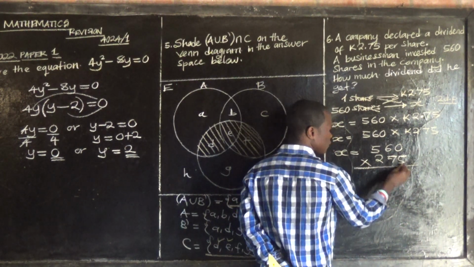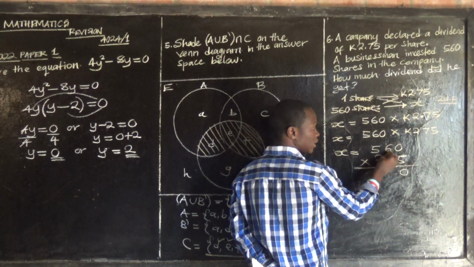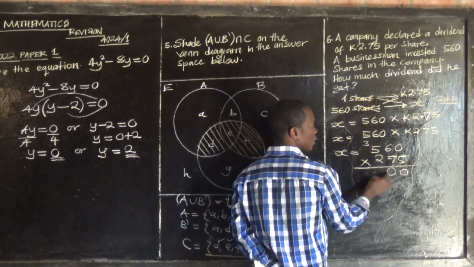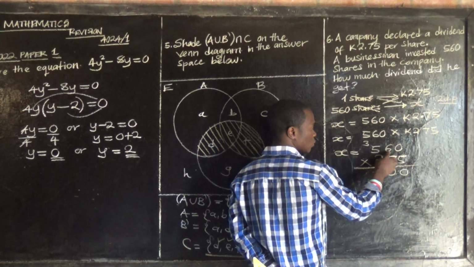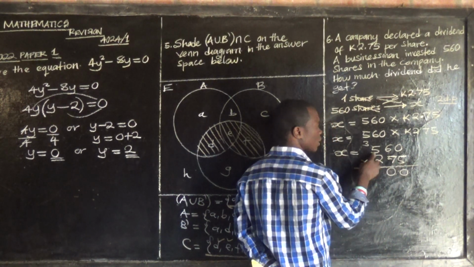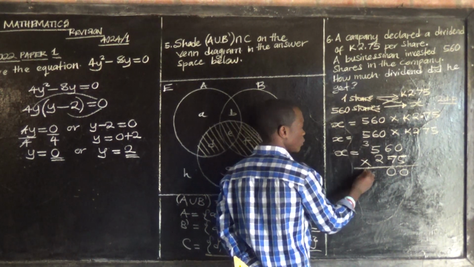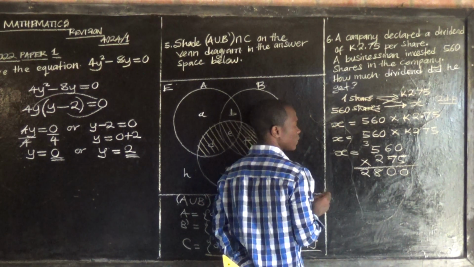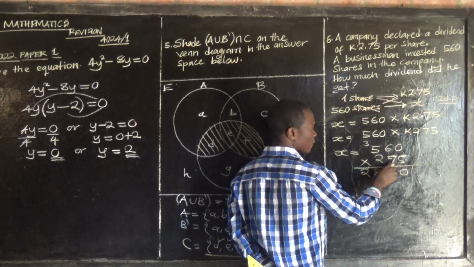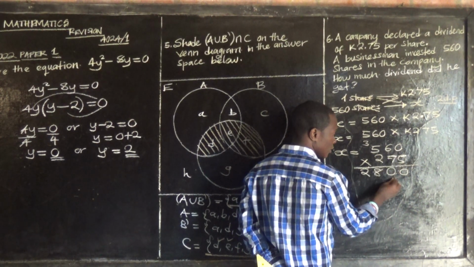So 560 multiplied by 275. What is 5 times 0? You get 0. 5 times 6 you get 30. So write 0 carry 3. Then 5 times 5 is 25. 25 plus 3, what do you get? 28. Okay? Then you can proceed. What is 7 times 0? 7 times 0 gets 0.